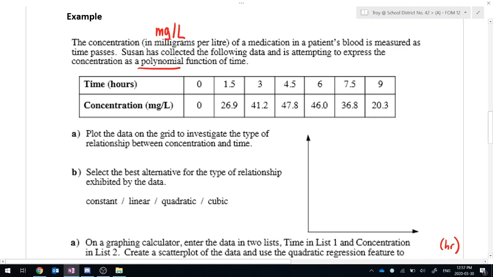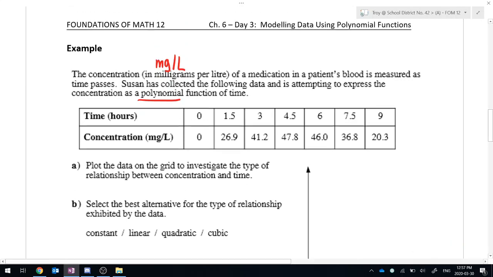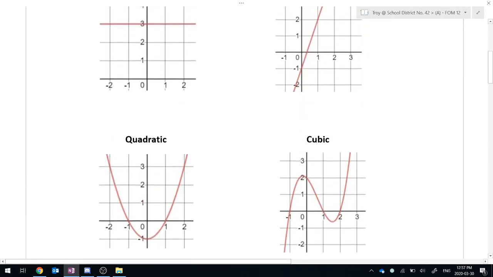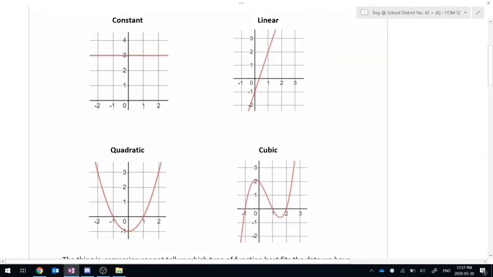Polynomial means we are not using logarithmic or exponential functions here. Neither of those are considered to be polynomial. The only four polynomial functions we know at the moment are these ones: constant, linear, quadratic, and cubic. If you remember, polynomial functions are made up of terms separated by addition or subtraction that have whole number coefficients.